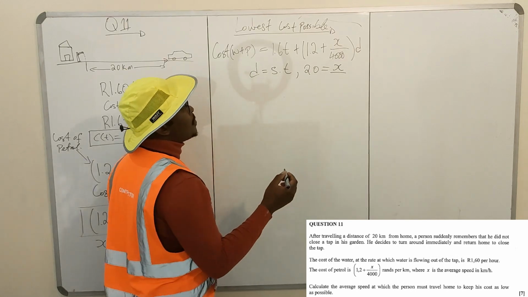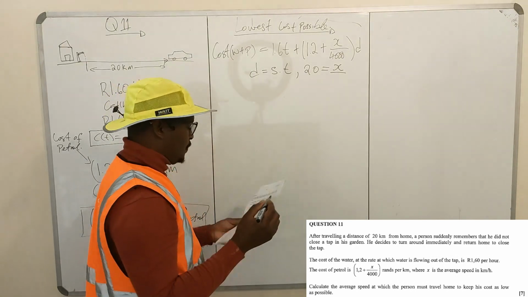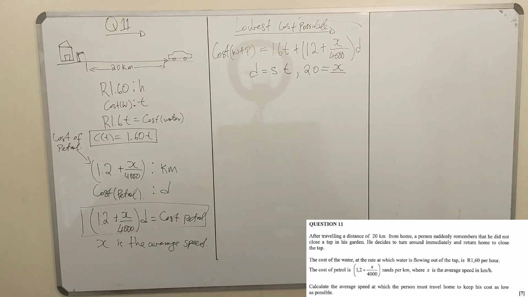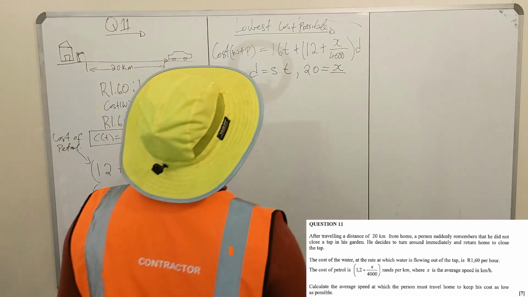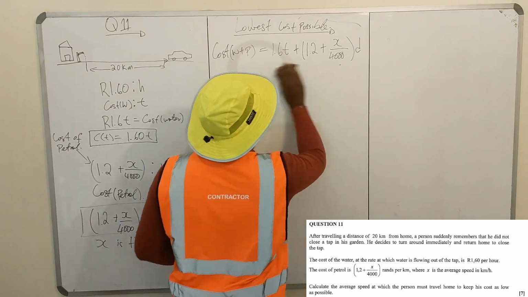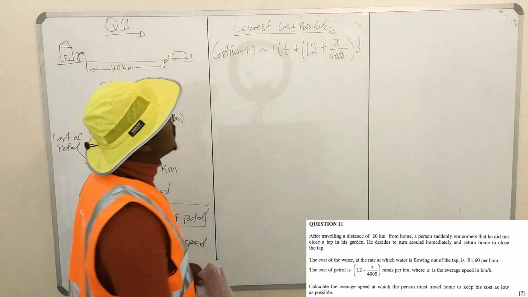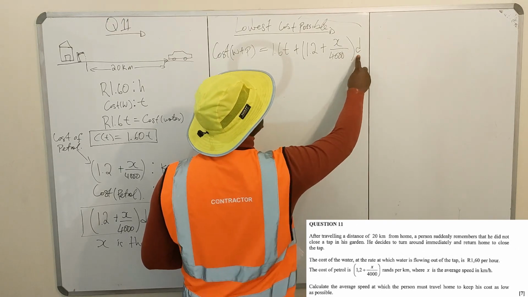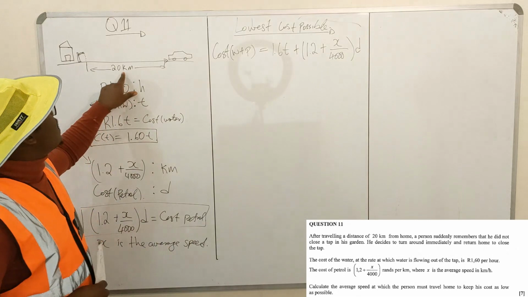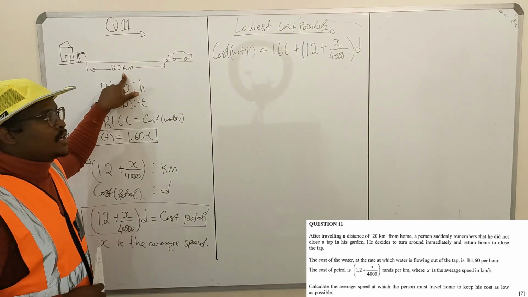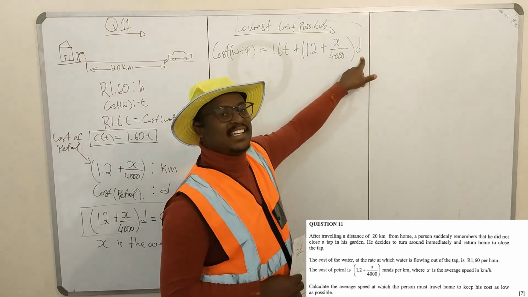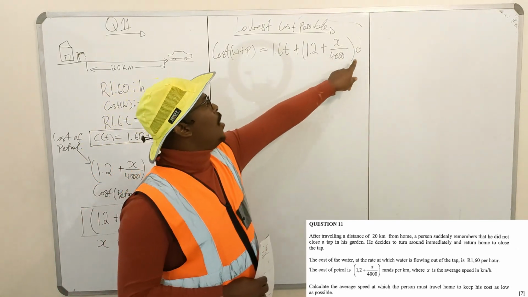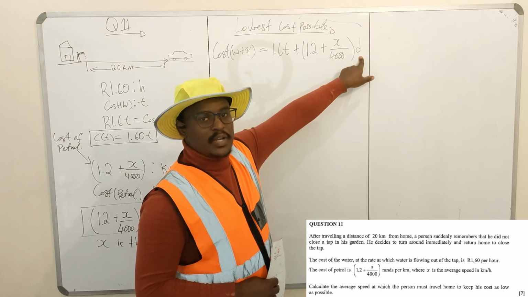Okay, I see something. As I said, this is our distance, right? We know this is the distance traveled. So we know that our distance traveled is 20 kilometers, which means we know what d is. d is 20 kilometers, because our friend traveled 20 kilometers.